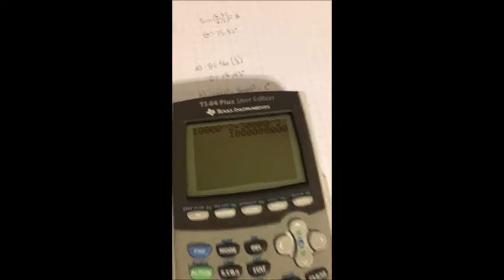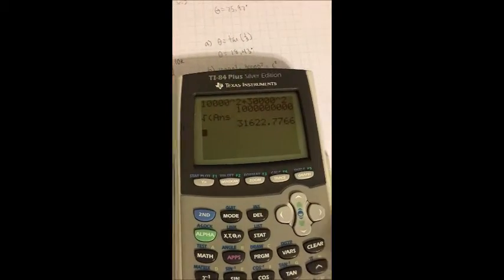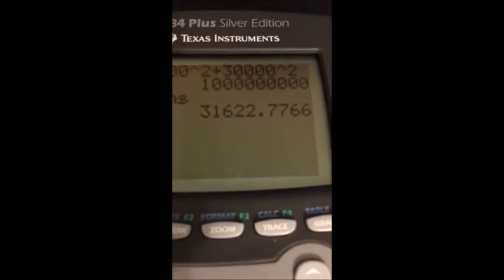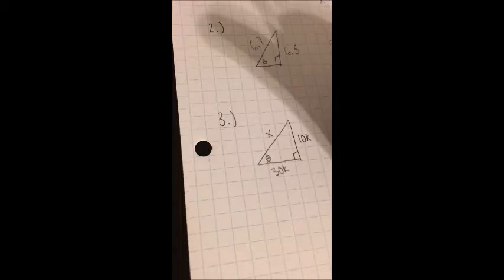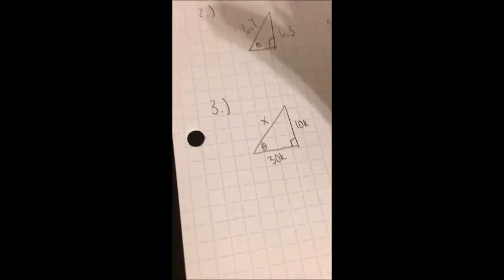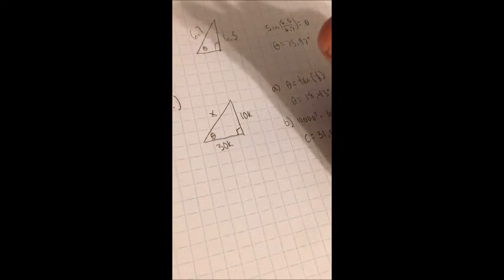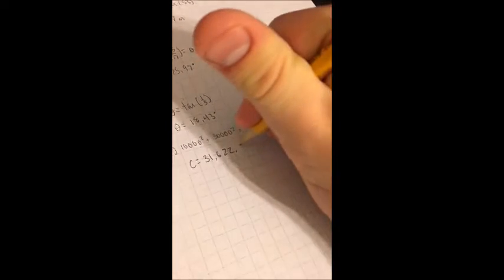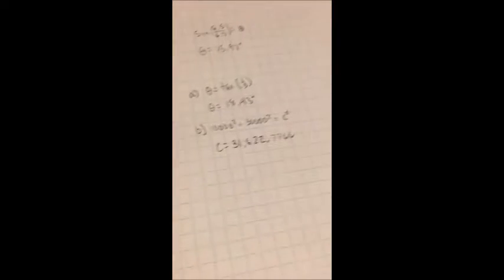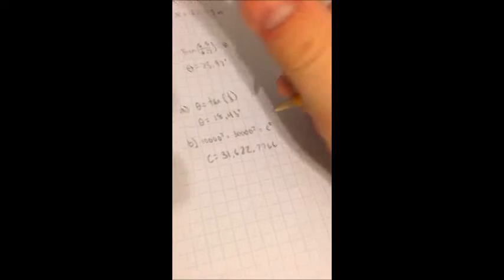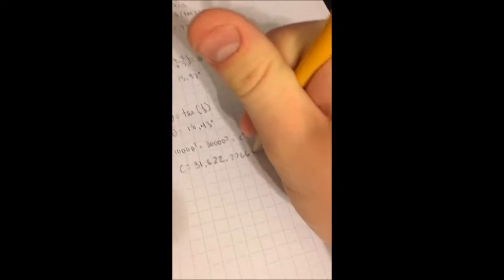And then we know, because of the Pythagorean theorem, we have to take the square root of this value in order to get our answer. And that gives us approximately 31,622. Let's write this out. C equals 31,622.7766. And that is our hypotenuse value. Don't forget to add your units at the end.